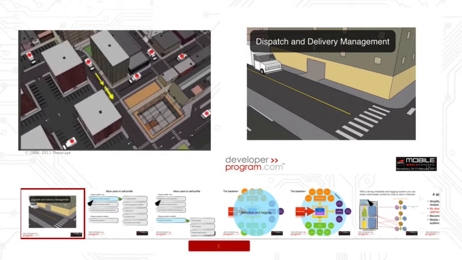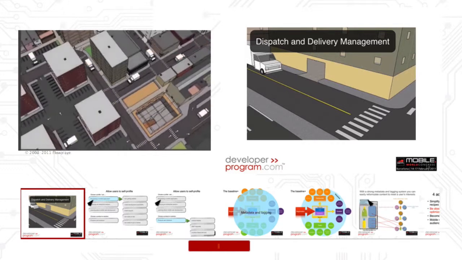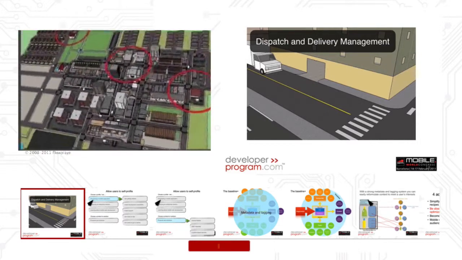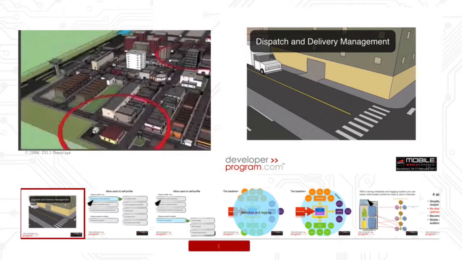The LBS service also allows the operator to match the truck's current location against an established delivery route. In this case, the truck following the yellow arrows is on the correct route, while the truck following the red arrows is off track and would need to be rerouted by the dispatcher. The geofence service can be used to set a 2-mile radius around each grocery store.